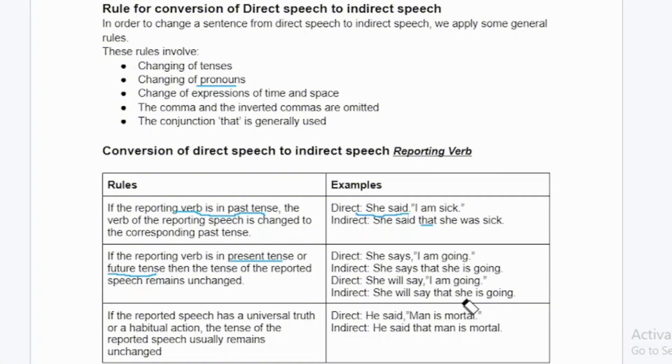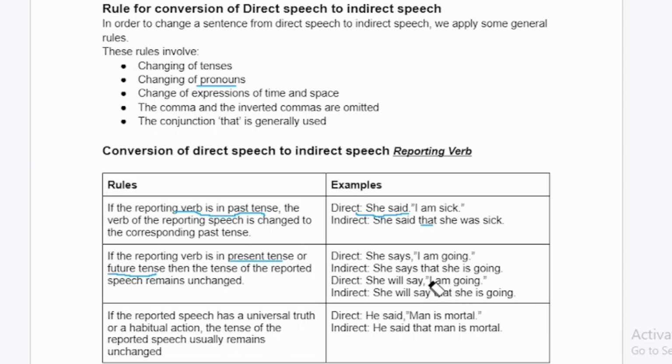I is changed to she, and am is changed to is, because we cannot use am with she, you know that.